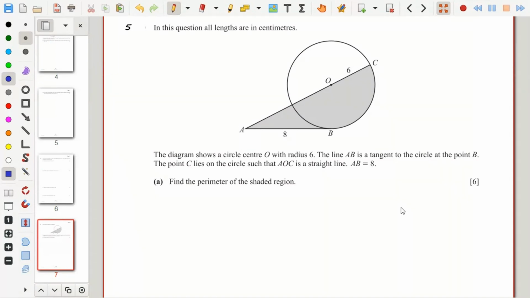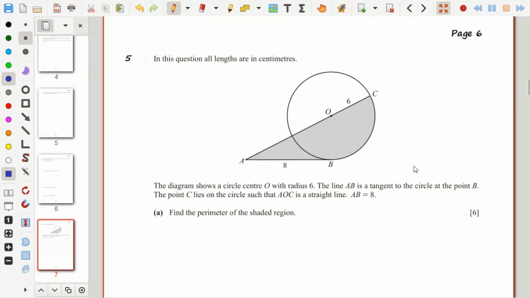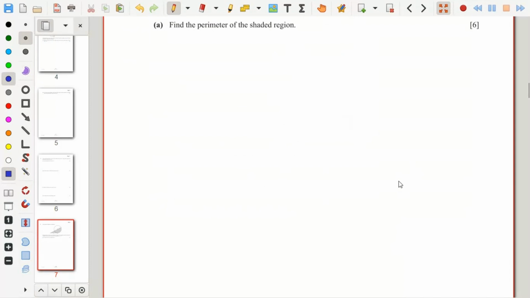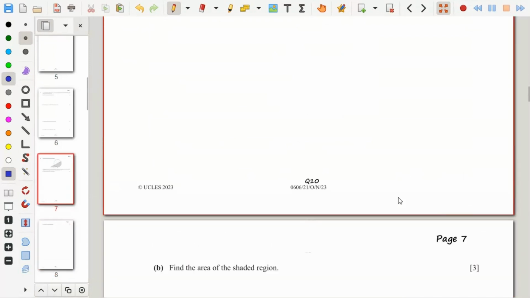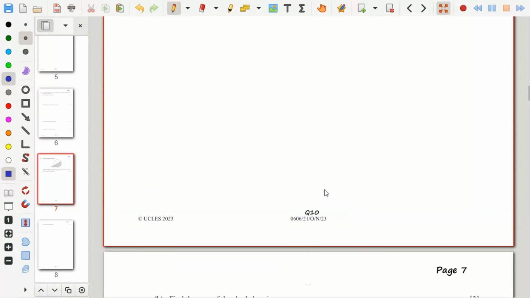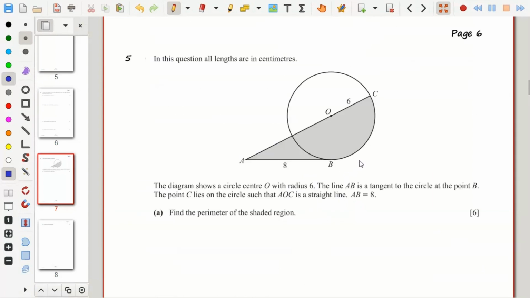Okay, so let's look at this question. Number five. It looks a little easy. So this is 2023, October, November, variant 2-1. Okay, let's look at it.